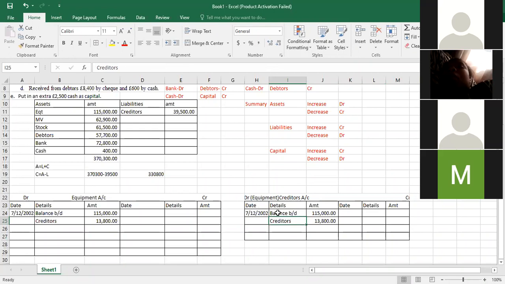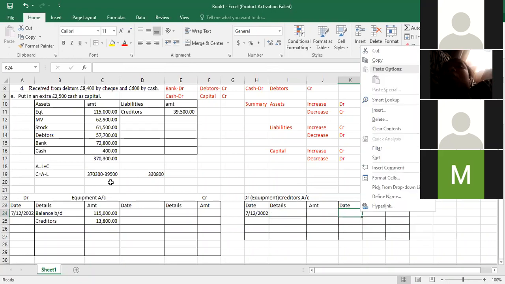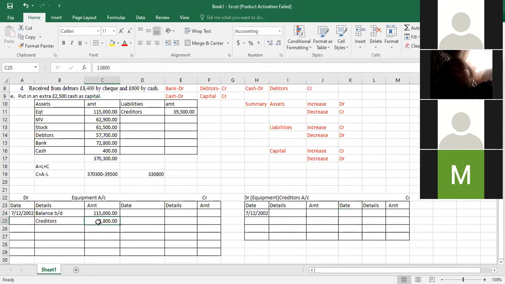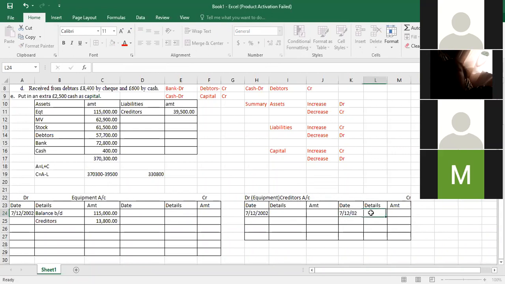But okay, let me now delete this. So what is happening? The first transaction was we bought equipment worth 13,800 by credit. So when we come to this book on 7th December, I'm supposed to have a corresponding credit entry. So I'm going to have on 7th December 2002. Now the corresponding entry is affecting the equipment account.